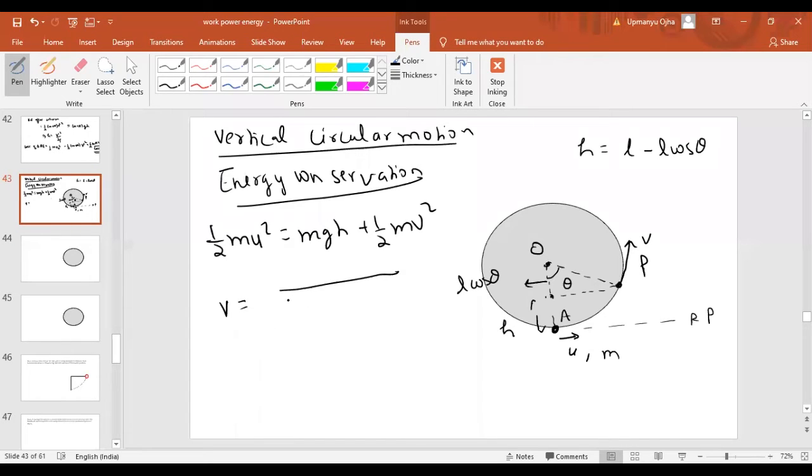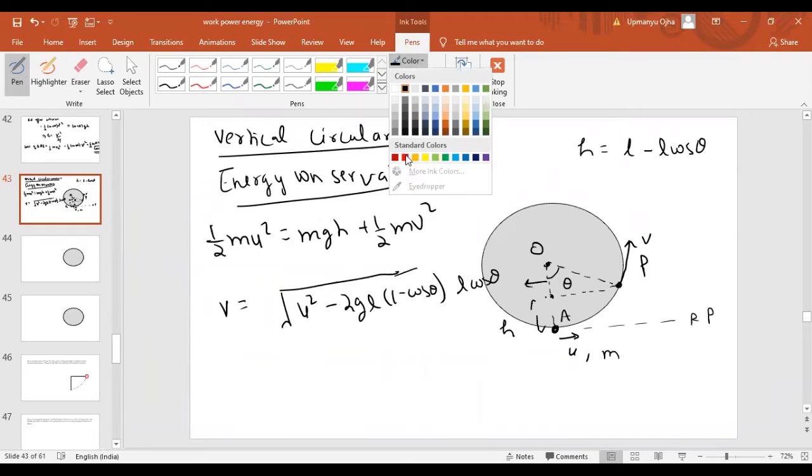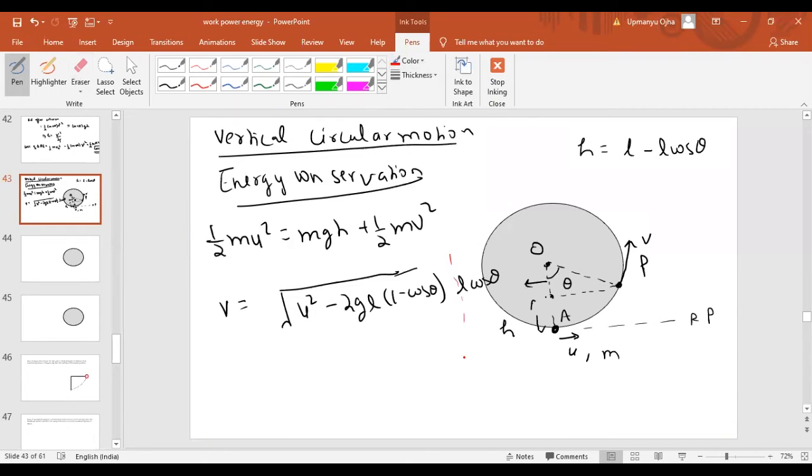The velocity at any point P will be equal to the square root of u square minus 2gl into 1 minus cos theta, where theta is taken from the vertical. That is the velocity of the body at some point P.